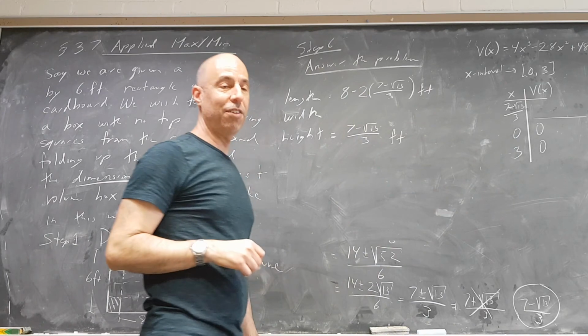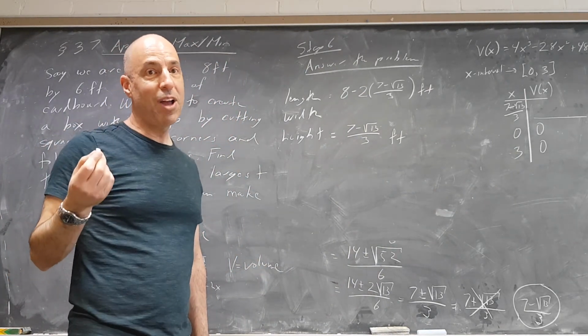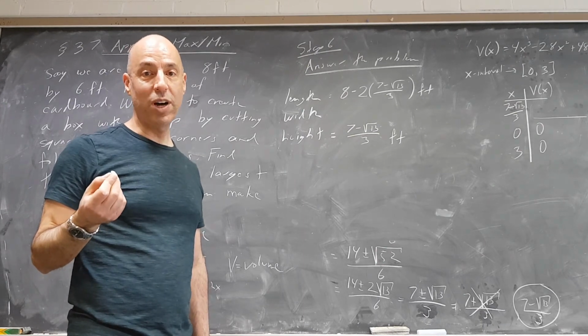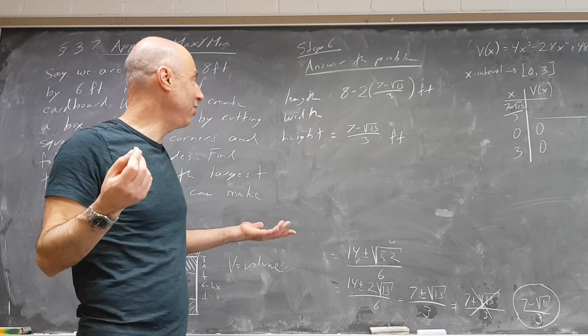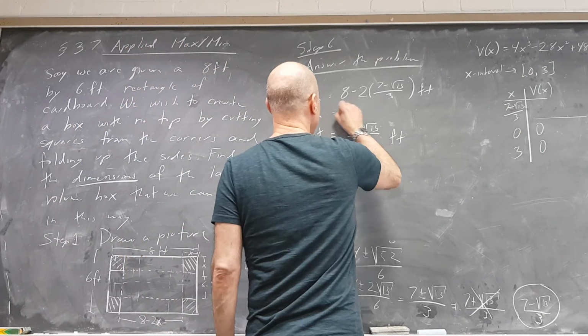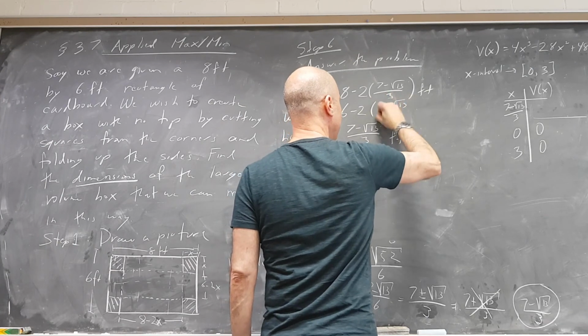Now I imagine the first question you're going to ask is, do I have to simplify that? No, I suspect most of you are going to want to work in decimals anyway. So once you've done it in decimals, there's no simplification necessary. And the width is 6 minus 2 times 7 minus root 13 over 3.